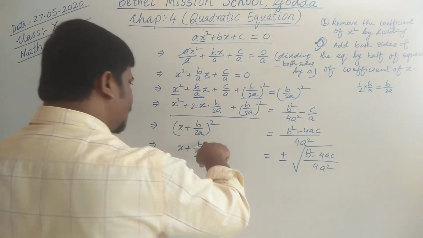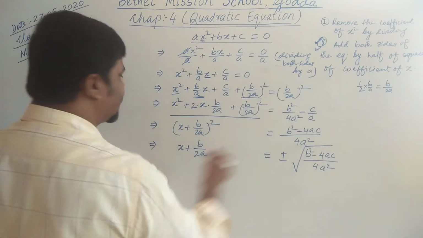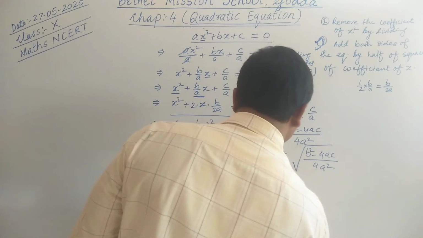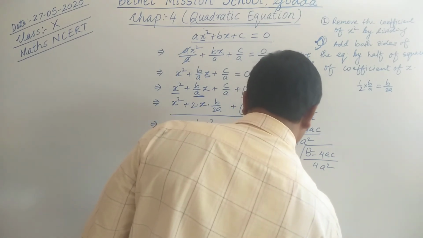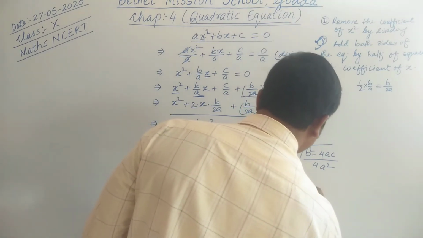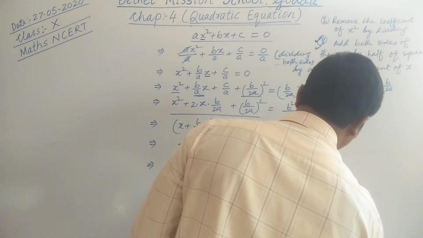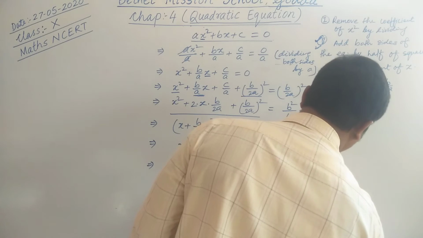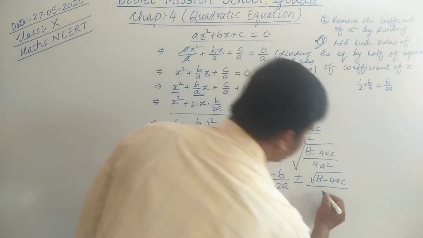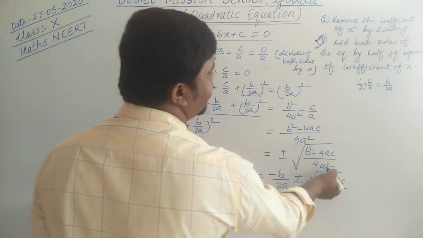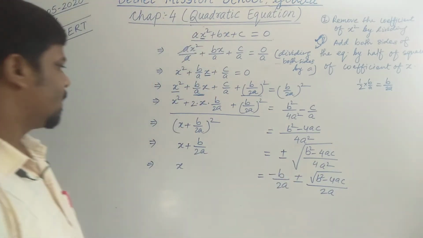After that, we will transfer b by 2a to that side. Then x equals minus b by 2a plus minus under root b square minus 4ac, and the square root of 4a square you will get as 2a. Square root of 4 is 2, and square root of a square is a.